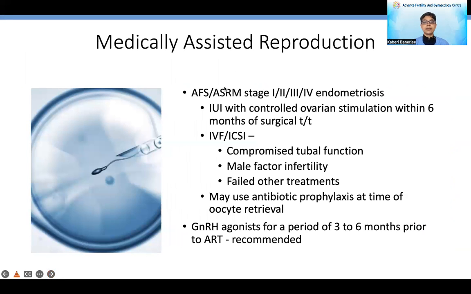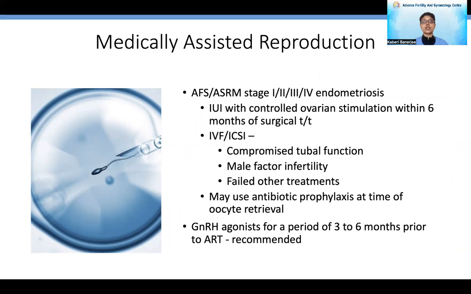So what is medically assisted reproduction? As we see here, in younger patients with good AMH, good sperm count, IUI can be given. And in compromised tubal function, advanced age, associated male factors, previous treatment which was unsuccessful, IVF ICSI should be offered.